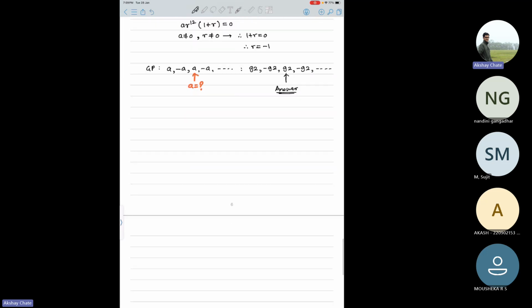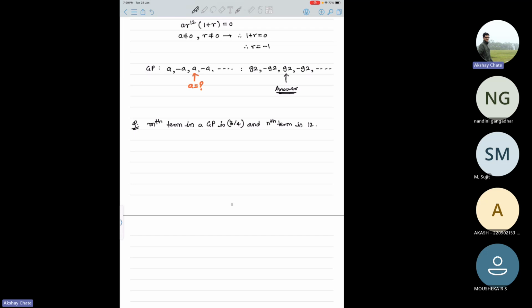Okay, so let's take this problem. It's a slightly difficult one, but we'll do it anyway. So what they are saying is the mth term in a GP is 3 by 4, okay, and the nth term is 12.